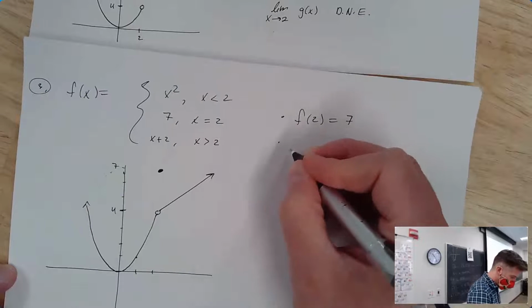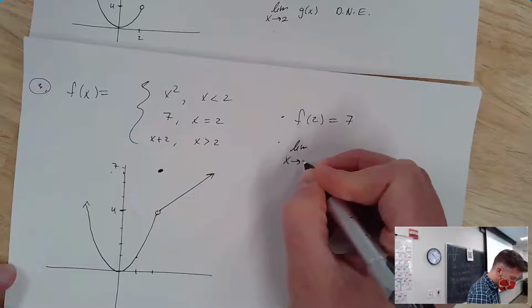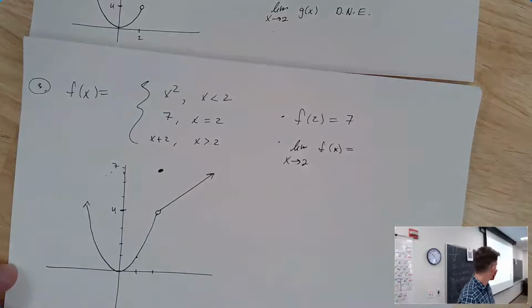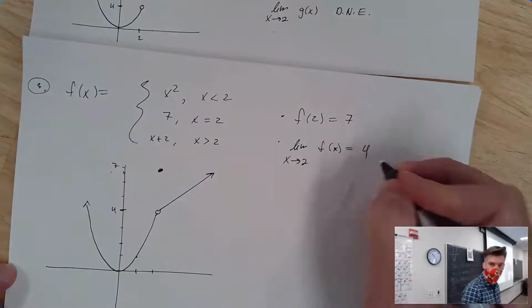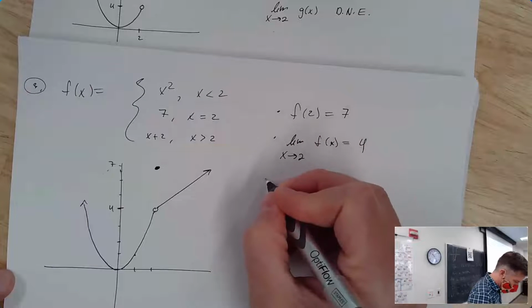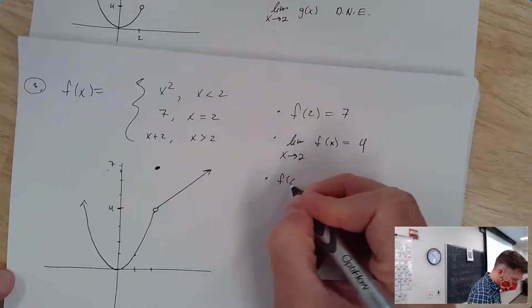The limit definitely exists, right? As x approaches 2 of this function, what is the limit? Definitely 4, right? As we get close to 2 from either side, the y values get close to 4 from either side. But, oh, it's not continuous.